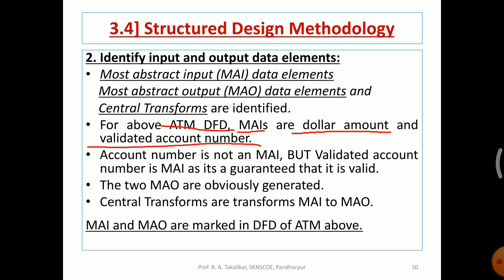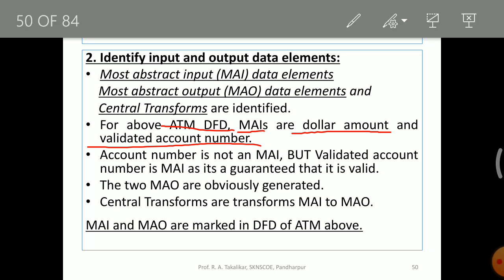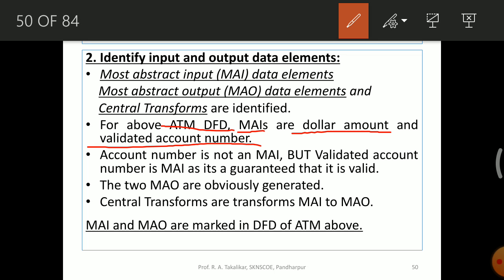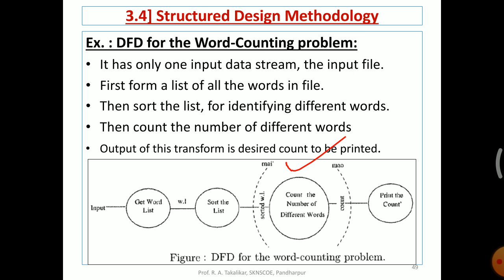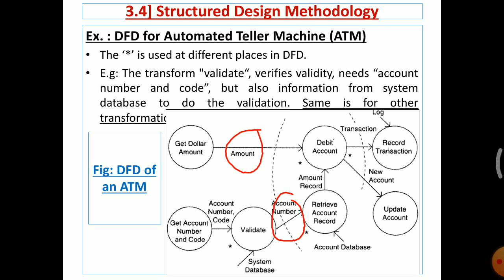The account number alone is not an MAI, because an account number can be valid or invalid. So if I am giving the account number as input, it cannot be considered. Here is the account number.